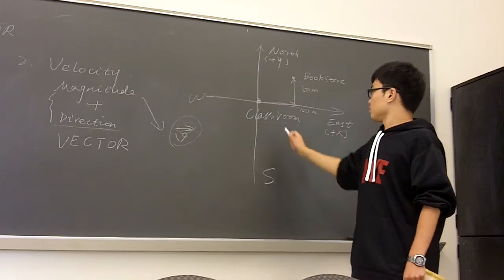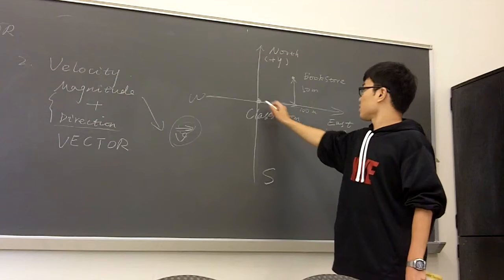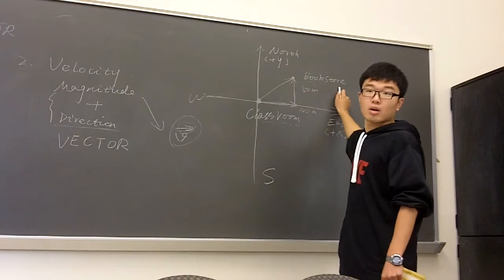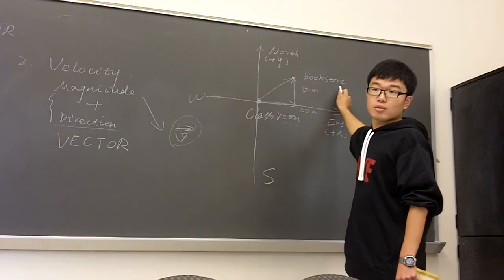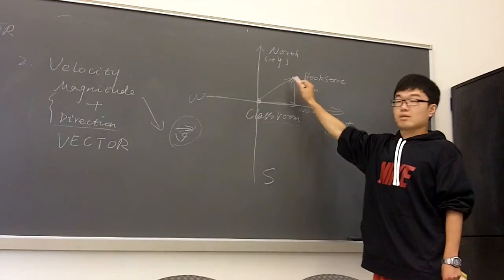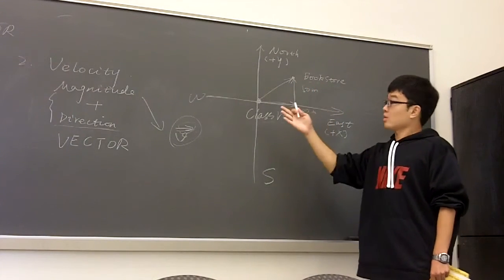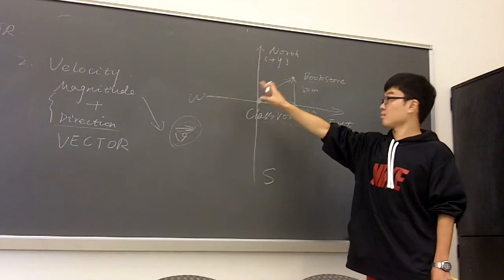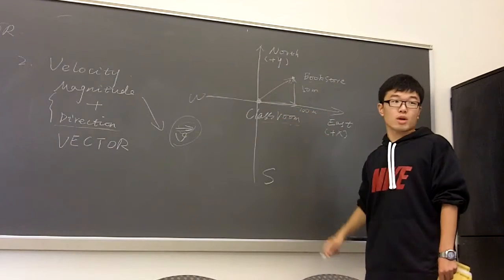Now we want to know the displacement from the classroom to the bookstore. The displacement means the quantity which has not only the distance or magnitude, but also the direction.